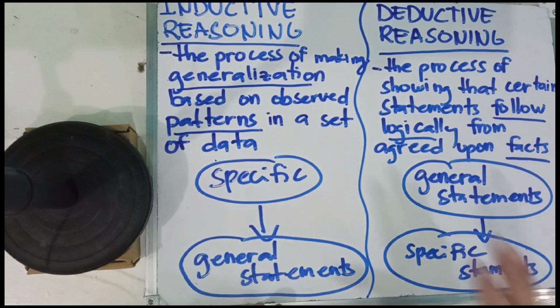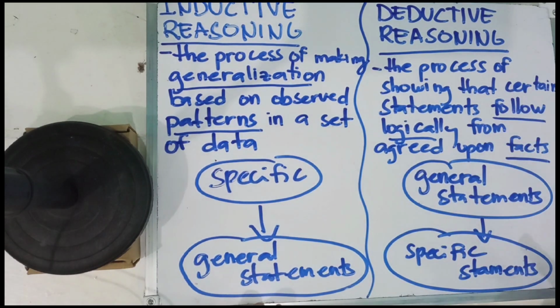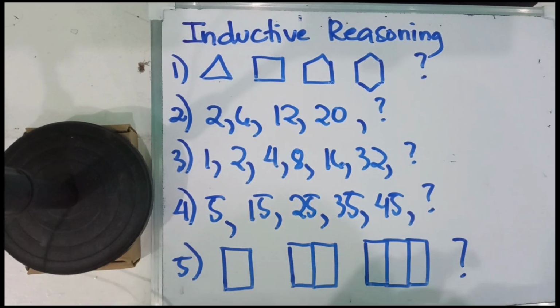So again, inductive reasoning, that's specific to general. Deductive reasoning, that's general to specific. Let's have some examples for you to better understand those concepts. Let's start with some examples for inductive reasoning.